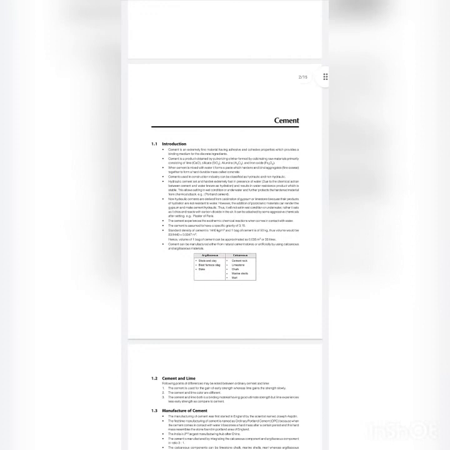Let's start. Intro. Cement is an extremely fine material having adhesive and cohesive properties, which provides a binding medium for the discrete ingredients. Cement is a product obtained by pulverizing clinker formed by calcinating raw materials primarily consisting of lime CaO, silicates SiO2, alumina Al2O3 and iron oxide Fe2O3.